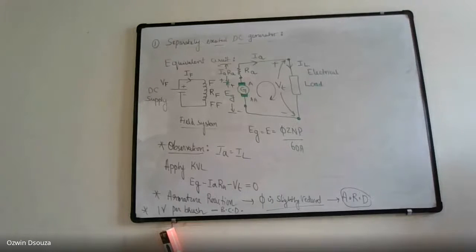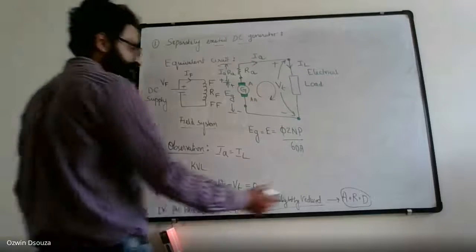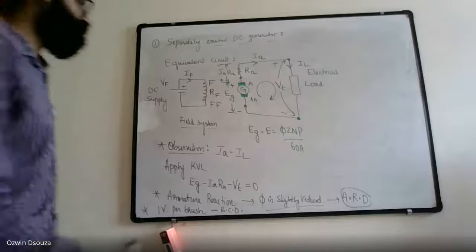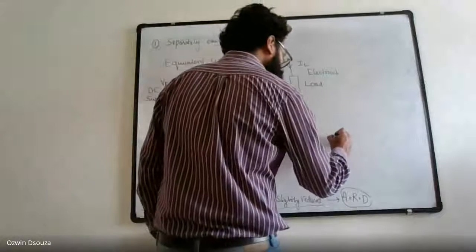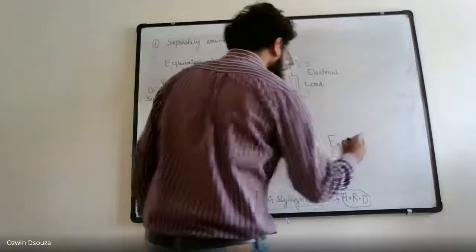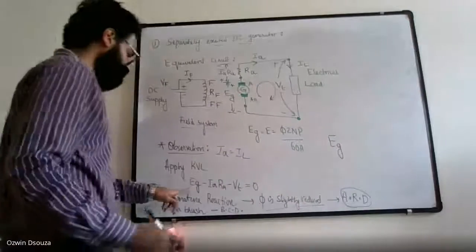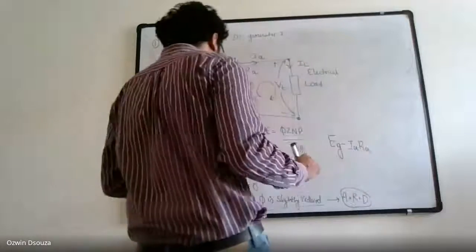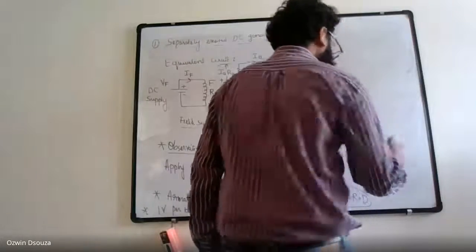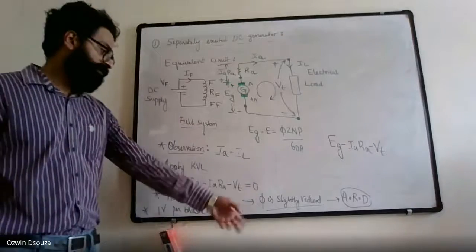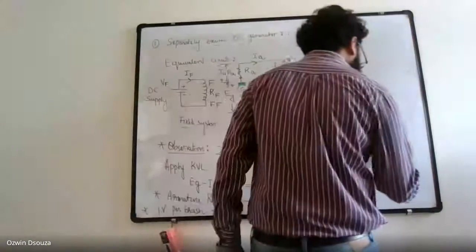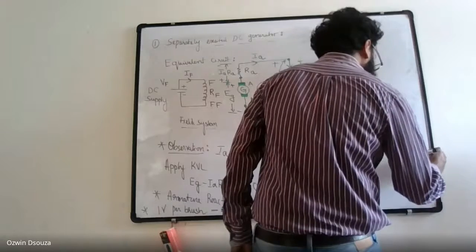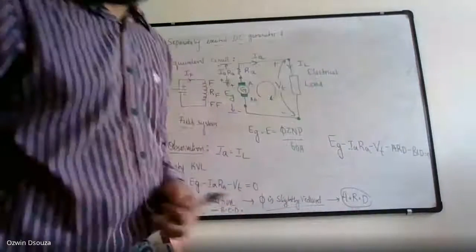By considering the armature reaction drop ARD and the brush contact drop BCD, you can write the induced EMF expression as EG minus IARA, this remains the same, minus VT, and you have to include the two drops: minus ARD minus BCD equal to 0.